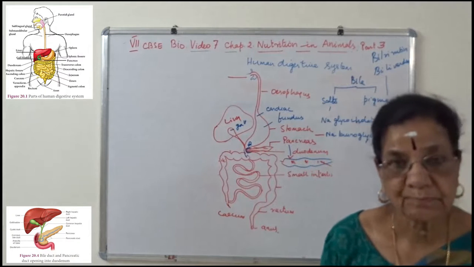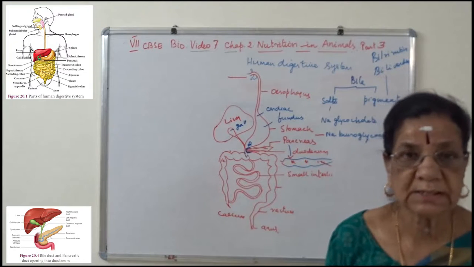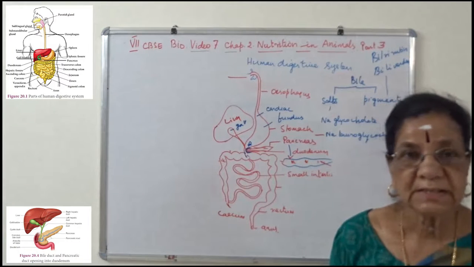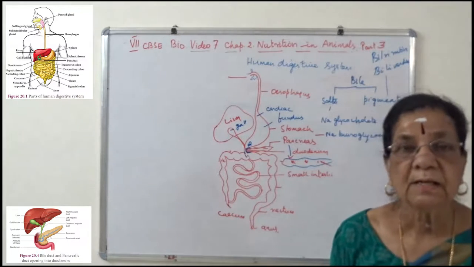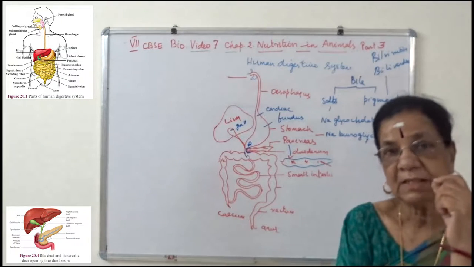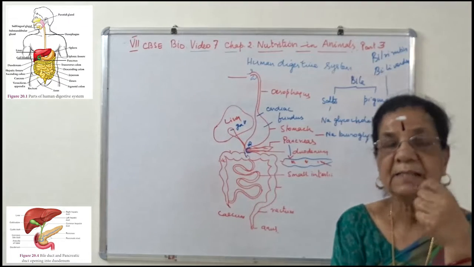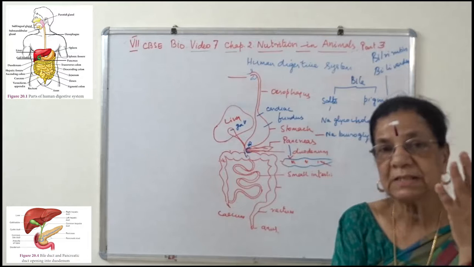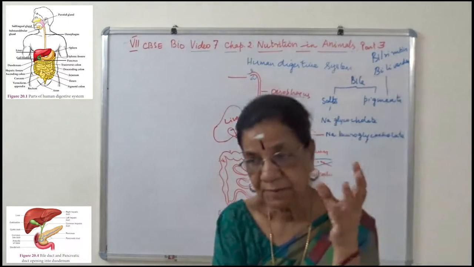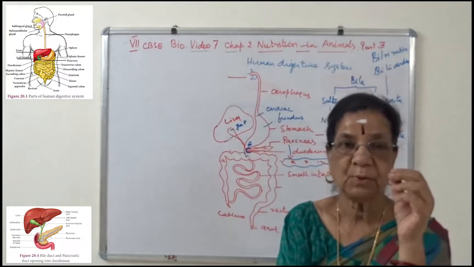The mouth contains heterodont teeth, different types of teeth: incisors are meant for biting and cutting, canines are meant for cutting and tearing, and premolars and molars are used in chewing and breaking the food into simpler particles.